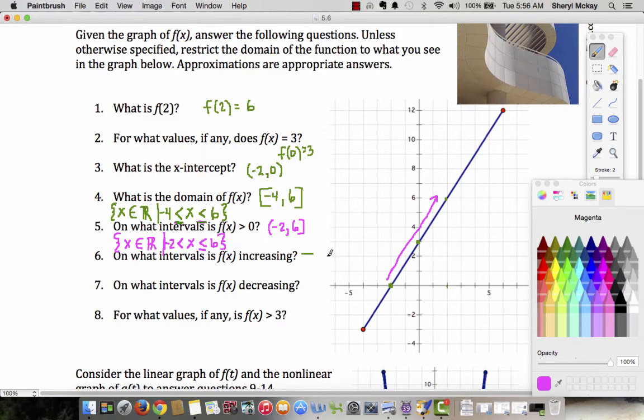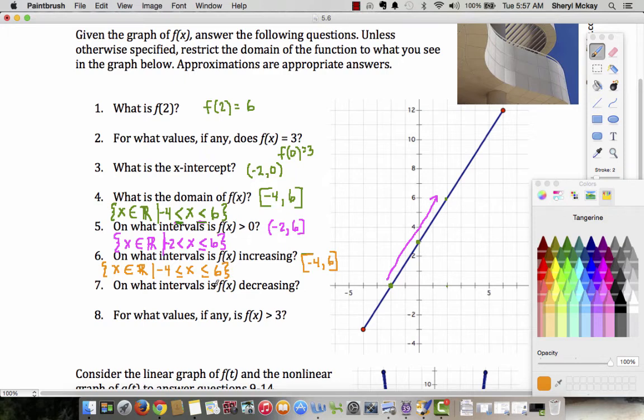So in interval notation, it would be our domain, from -4 to 6. And we would write it the same way that we did the domain up here. Curly braces. X is an element of the real numbers such that x is greater than or equal to -4 and less than or equal to 6.